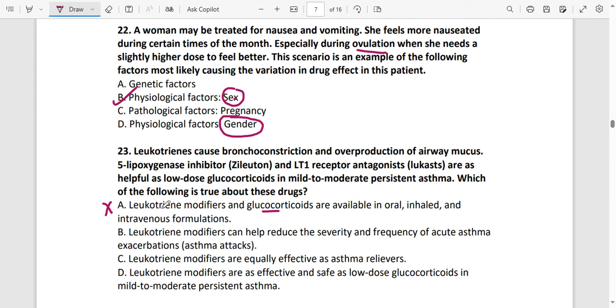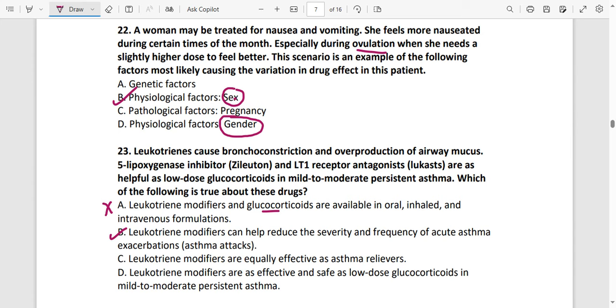That's all. And then B is saying leukotriene modifiers can reduce the severity and frequency of acute asthma exacerbation. This is true. When you give the leukotriene modifiers, they are going to be able to reduce the severity and frequency of the acute asthma attacks. When you're talking about treatment of asthma, you have got controllers, those that are aimed at controlling the condition.